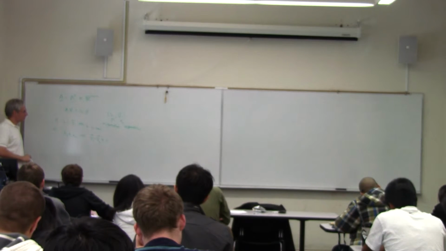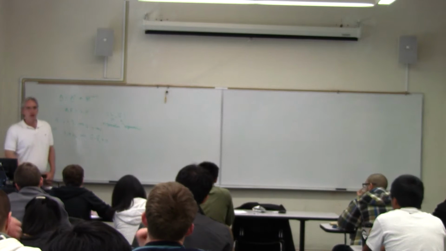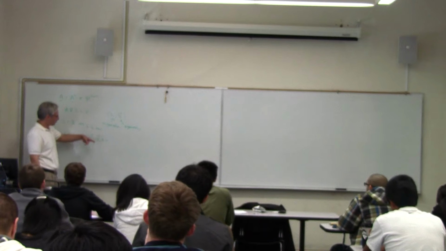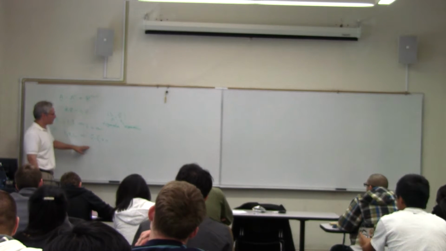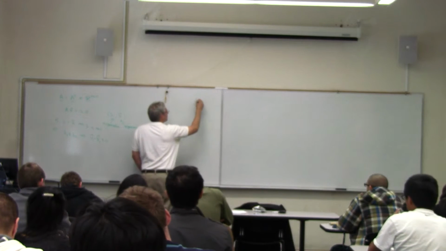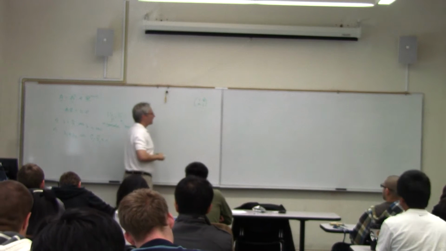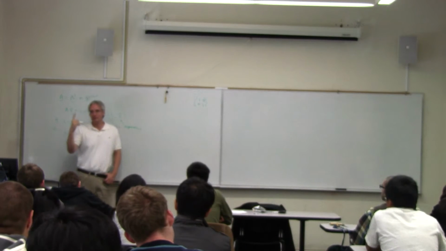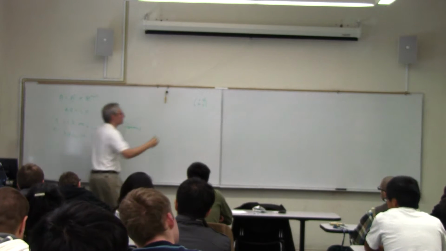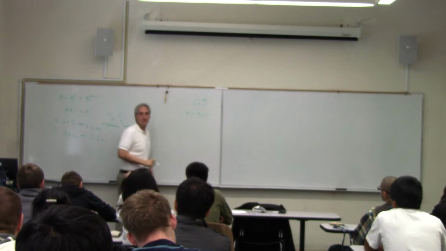Now it turns out, even if lambda 1 is equal to lambda 2, we can always choose eigenvectors that are orthogonal to each other. So, for example, if I give you the 2 by 2 identity matrix, the eigenvalue is 1, repeated twice. So lambda 1 equals lambda 2 equals 1.